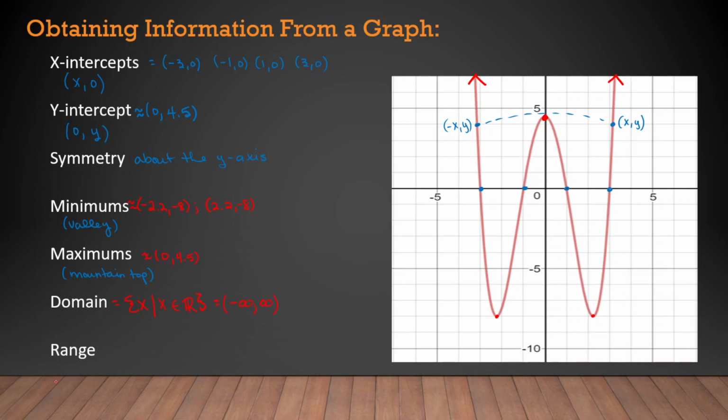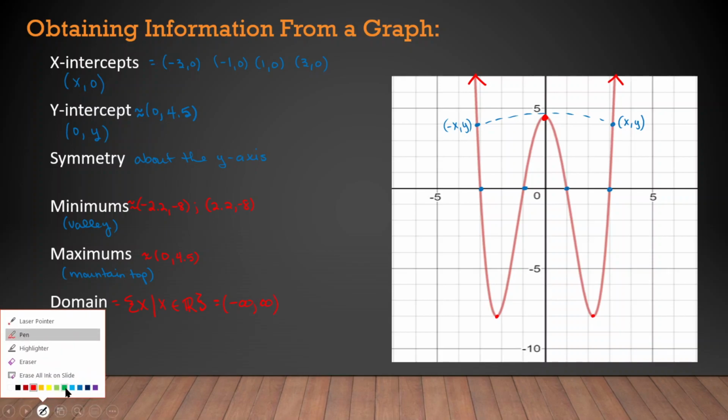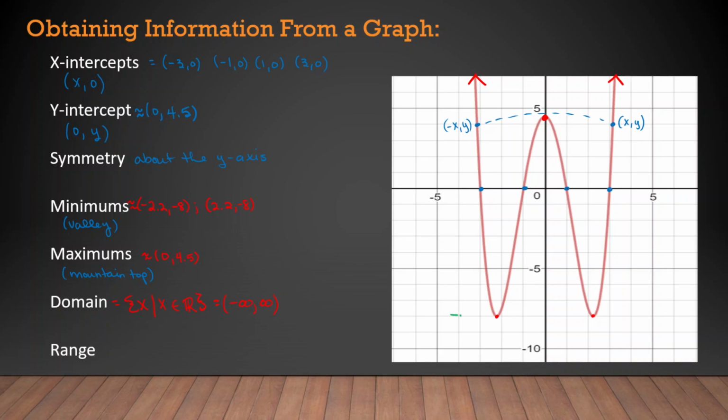Okay, for the range, it looks like I've got this sort of bottom to the curve here, and then it keeps going up forever. So our range is going to be the y values such that y is greater than or equal to that bottom.